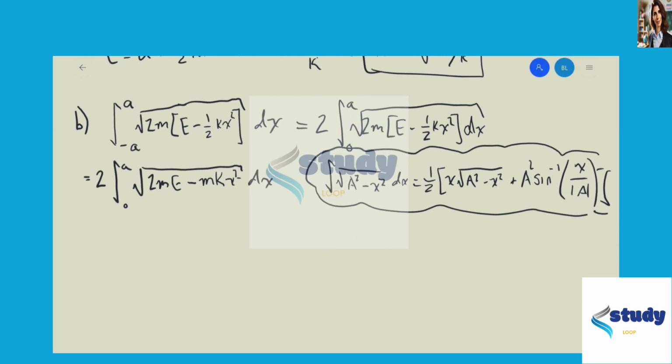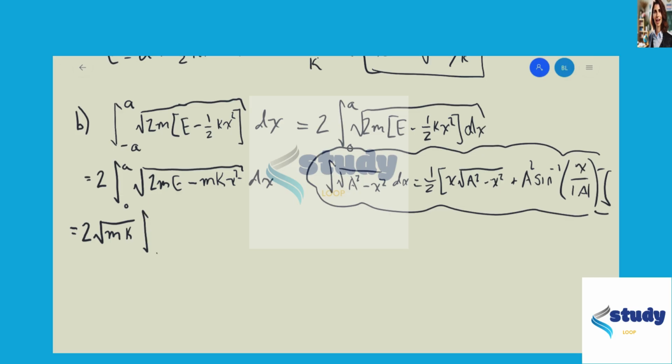And to do so, that means we simply need to rewrite our integral on the left-hand side as something that's resembling the integral on the right-hand side. You'll notice that it already looks pretty similar. We simply need to get x squared by itself. And we can do this by factoring out the square root of mk.